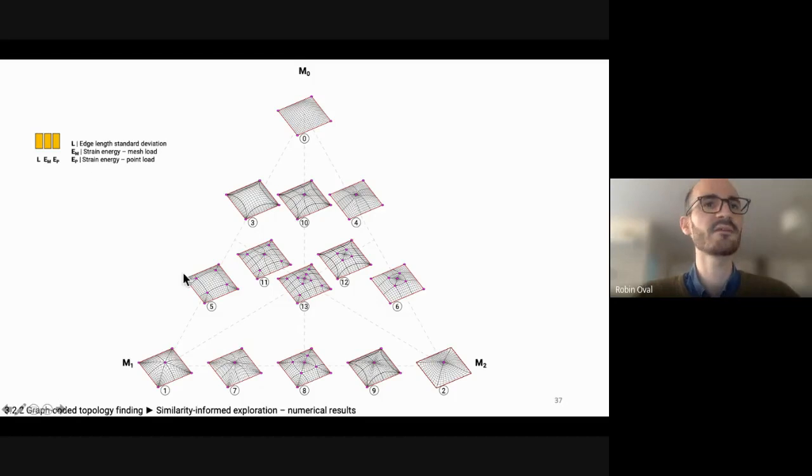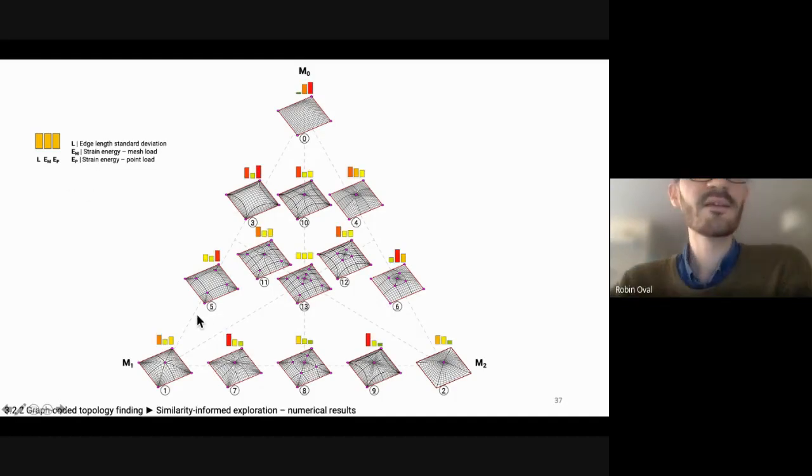And if we evaluate the three performance metrics that I mentioned, we can see that actually the heuristic decisions that I made were good. This design has a very low edge length standard deviation. This design actually has the lowest one. This design has actually the lowest strain energy for the mesh load, etc.